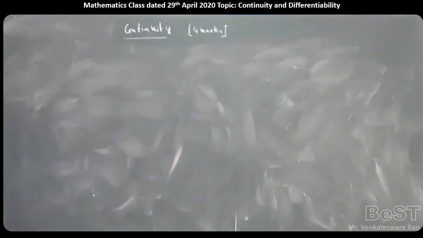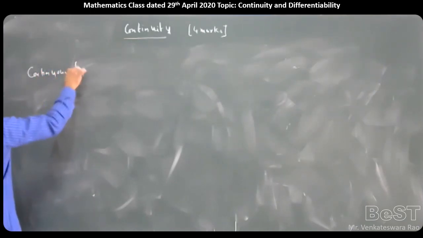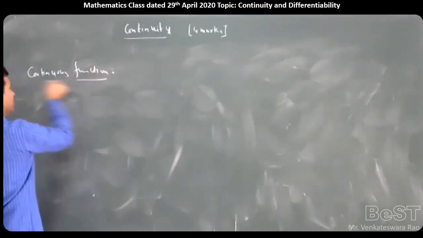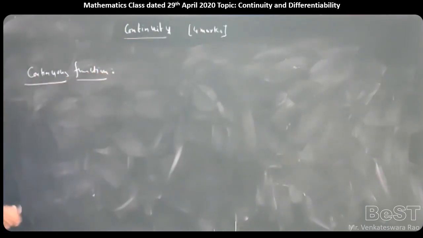Now the definition of continuity. What is the definition of a continuous function? We discussed this in first PUC: to define derivatives, it should be a continuous function.